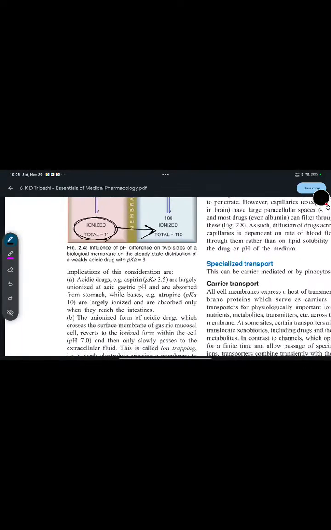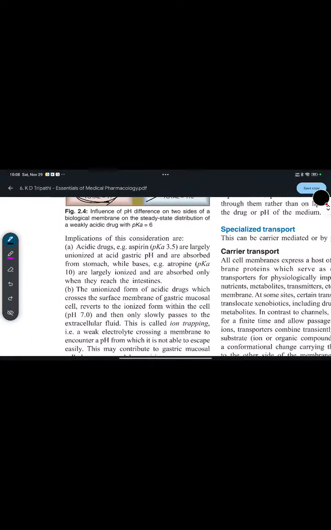So the implication of this consideration is that acidic drugs such as aspirin are largely unionized at acidic gastric pH and are absorbed from the stomach, while bases, for example atropine, having pKa 10, are largely ionized and are absorbed only when they reach the intestine.